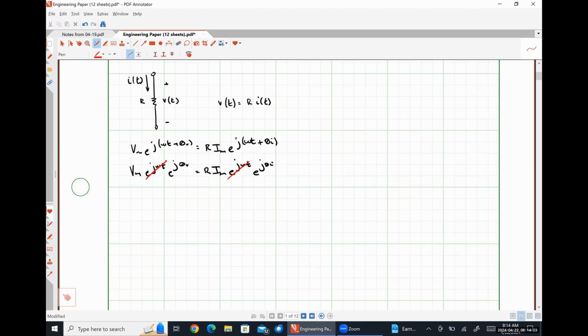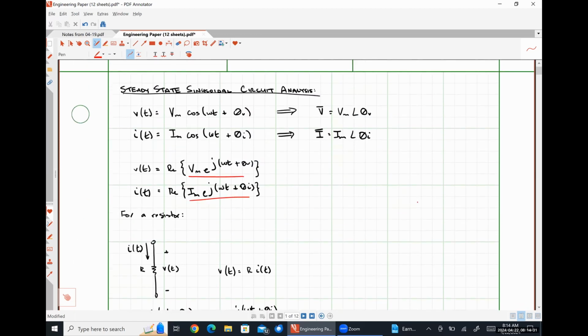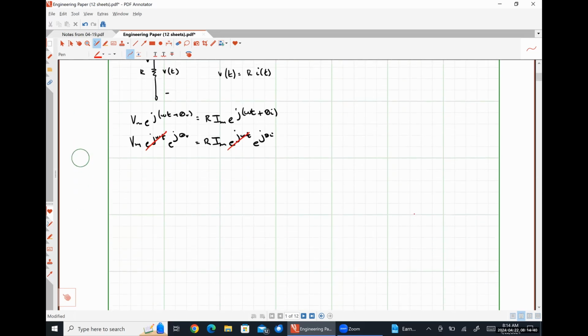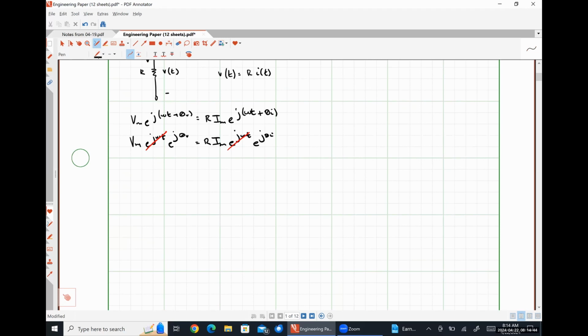That's me suppressing the frequency dependence of this relationship, which is effectively all I'm doing up here when I'm giving my phasors. I'm just saying, hey, the omega t bit doesn't really matter. We just keep track of our magnitude and phase angle. So similar thing, different application.